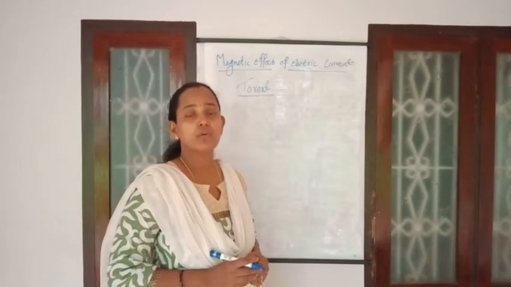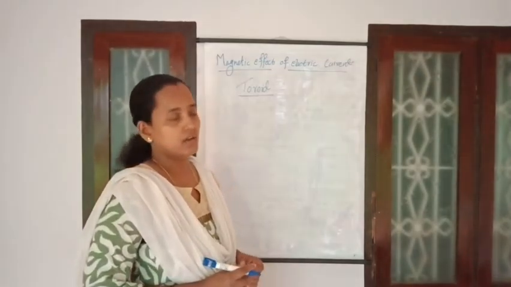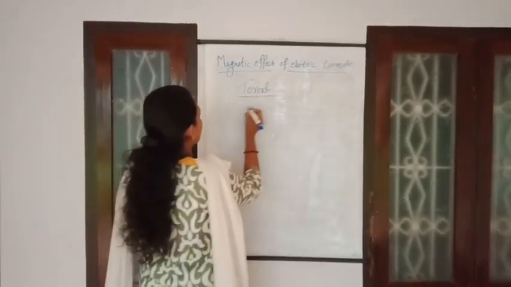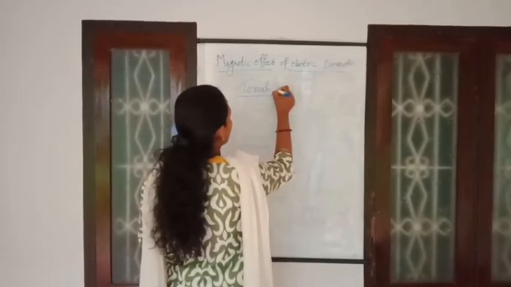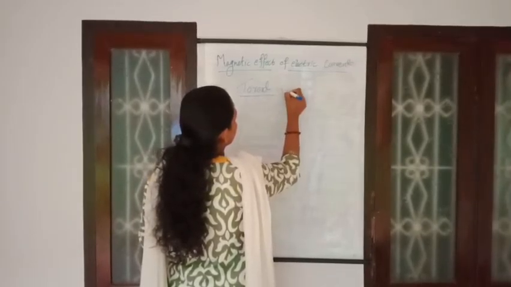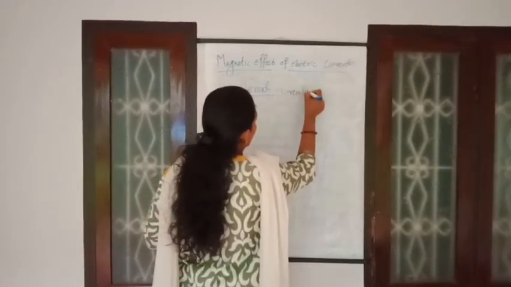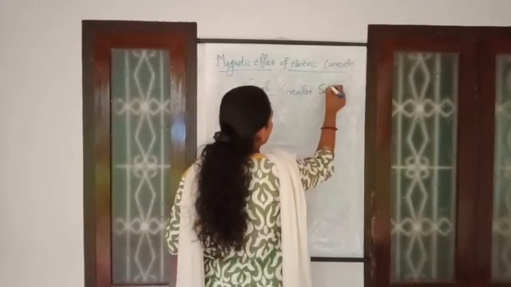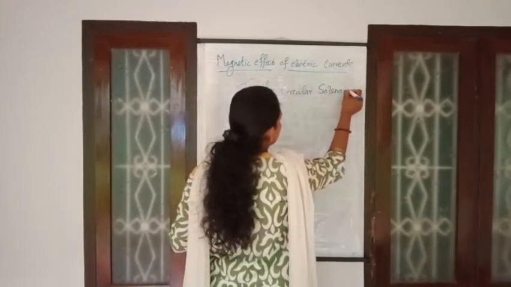So first of all, what is a toroid? A toroid is a circular solenoid itself. Toroid is a circular solenoid.